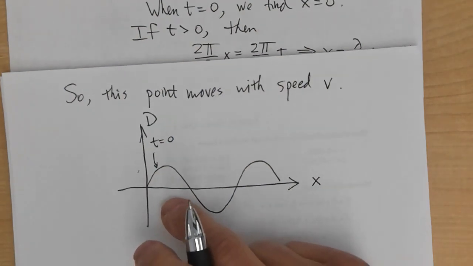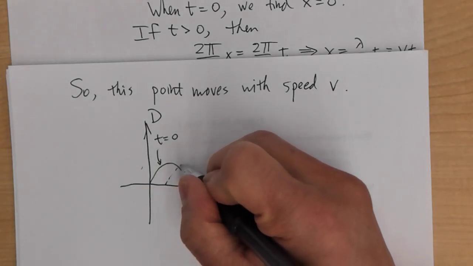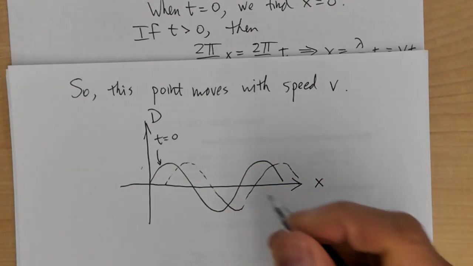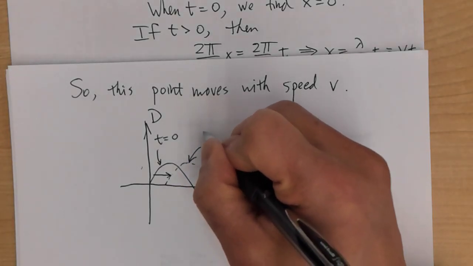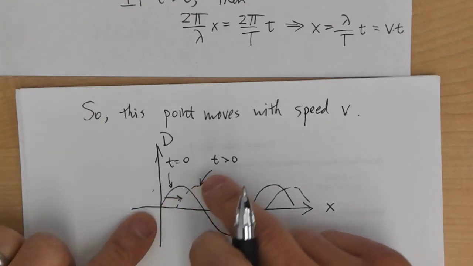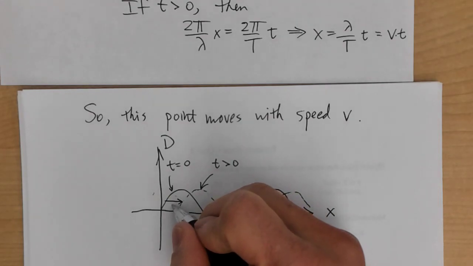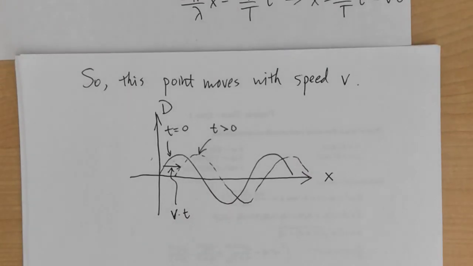At t equals 0, it looks like this. But at t non-zero, it has moved from here to there. And so this will be t greater than 0. And it's moved by an amount v times t. So this change in x will be v times t. It shifts forward by an amount v times t.